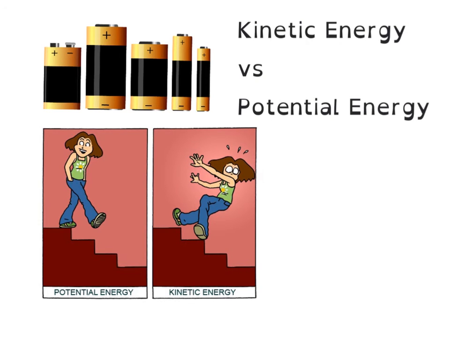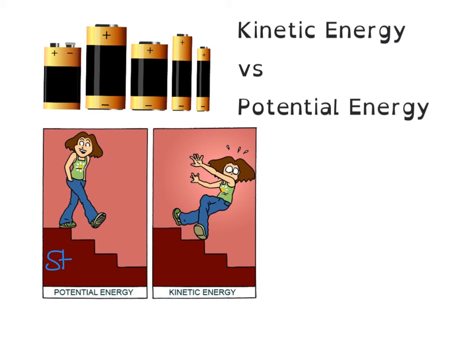Most times when people are asked to consider kinetic energy and potential energy, they often will think of potential energy as a battery. In this comic down here, you can see both potential energy and kinetic energy. Potential energy is a stored energy. So it is a result of the potential or the likelihood that the energy could be used.